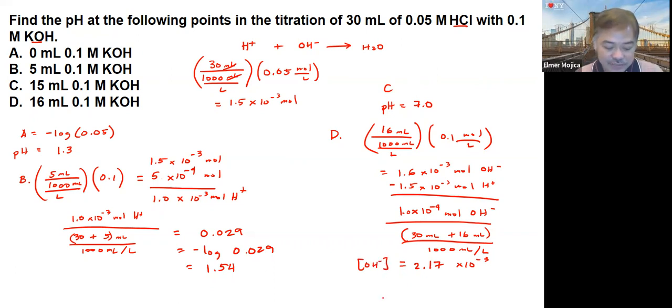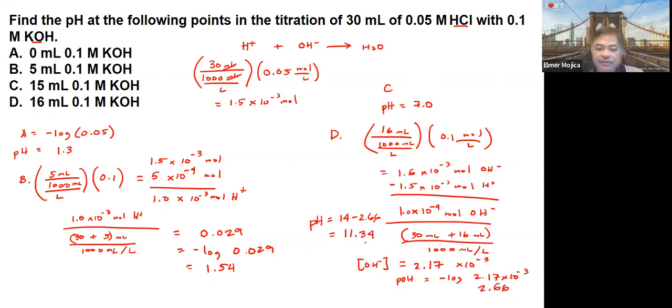So you get the negative log of that, the pOH. That will give you 2.66. And to get the pH, 14 minus 2.66 is equal to 11.34. So as you could see, from 1.3 to 1.54 to 7 until 11.34.